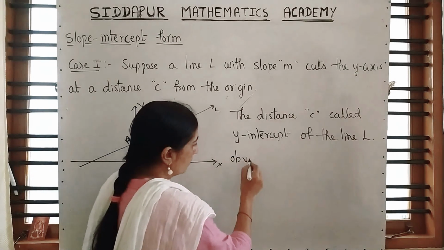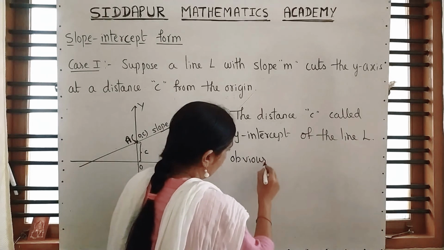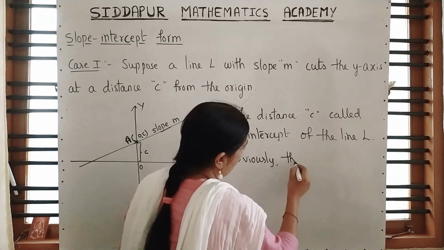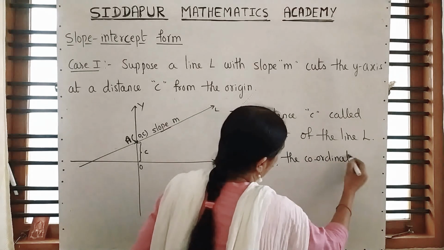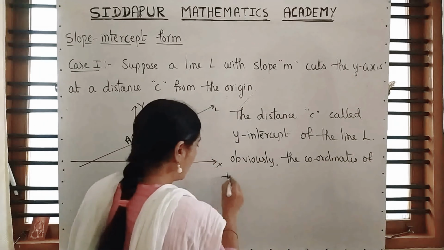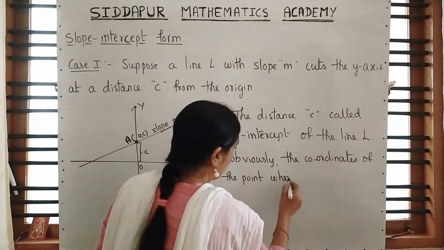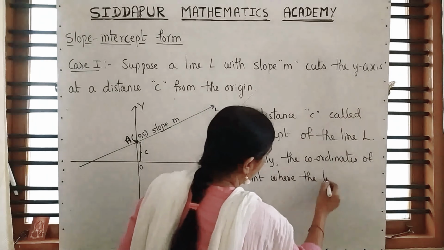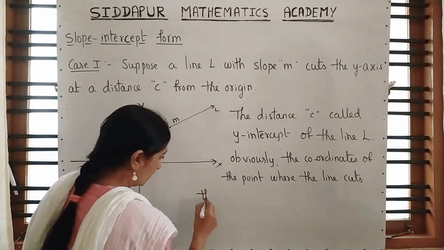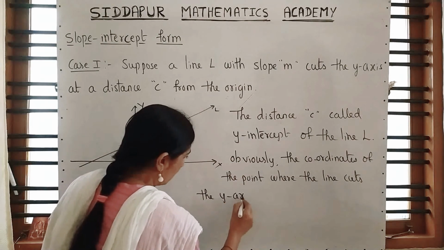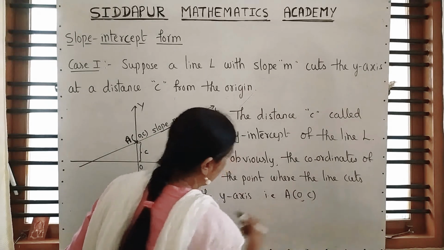Obviously, the coordinates of the point where the line cuts the y-axis, that is A, are 0, c.